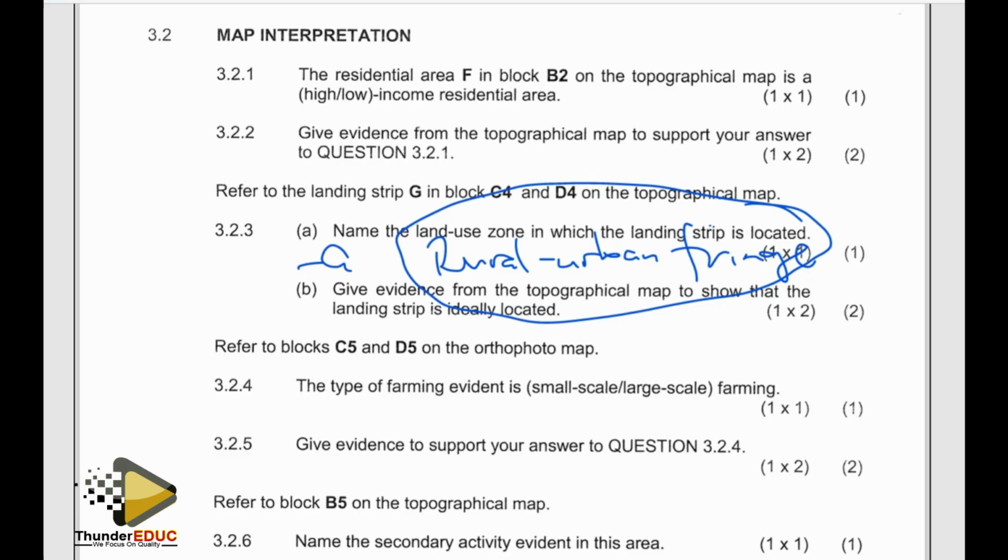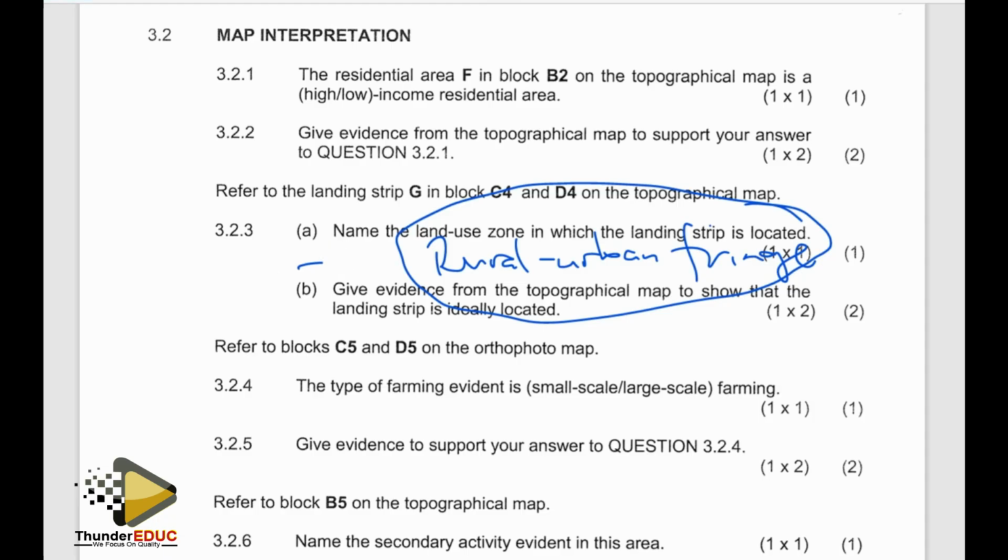And also because land is not readily available around the focal point of the urban area. We can only find sufficient space to do such activities very far away, on the periphery of the urban settlement. So such activities like sewage treatments, cemeteries, golf courses are some of the things that are found in the rural urban fringe.